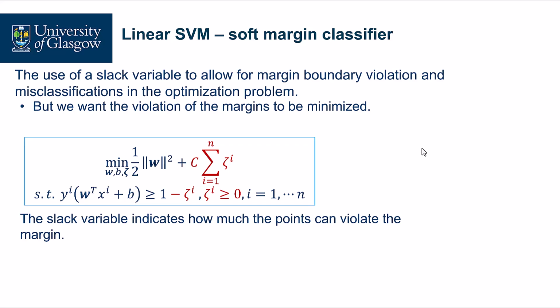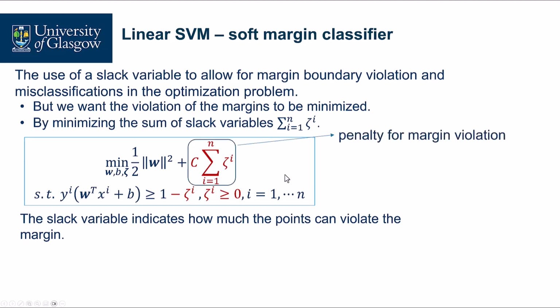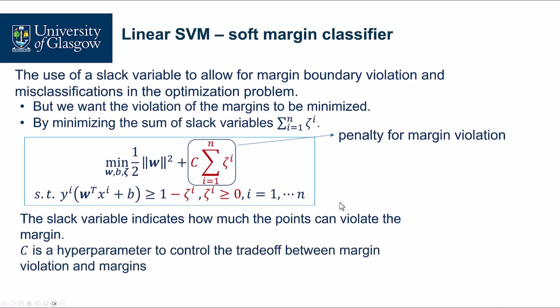Because of this, we minimize the sum of the slack variables. To minimize the sum of them, we call this term the penalty for margin violation. There is a variable c, a constant here. This c is a hyperparameter whose goal is to control the trade-off between this term and this term.